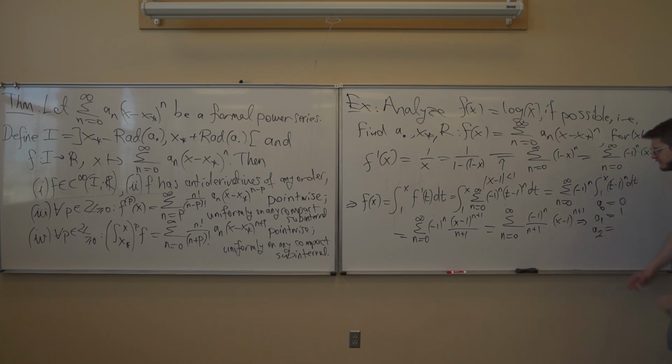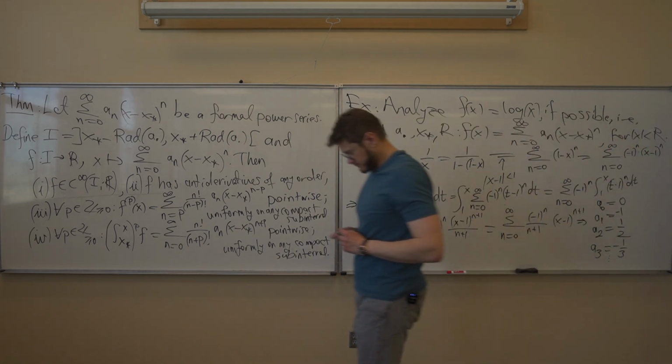A sub 2 is when n is equal to 1. So this I have to divide by n. So that's a minus 1, plus 1/2, and then minus 1/3, and so on. Okay?